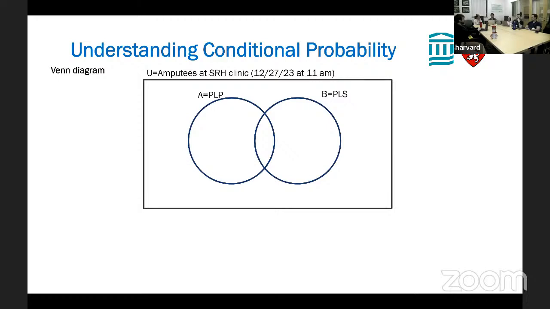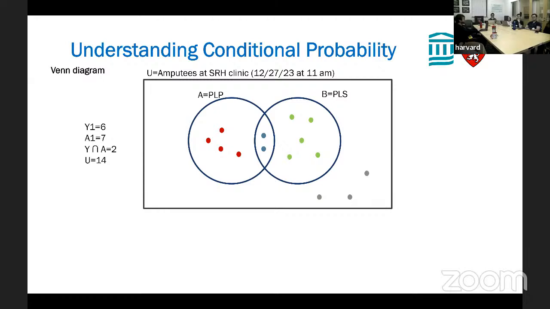Let's say in total we have two patients that day who have PLP and PLS, and 4 patients who only have PLP but not PLS, and 5 patients who have only PLS and not PLP. And 3 of them have no phantom experience, right? This is a classic setup. I'm sure you remember it from high school. It's just basic set theory.